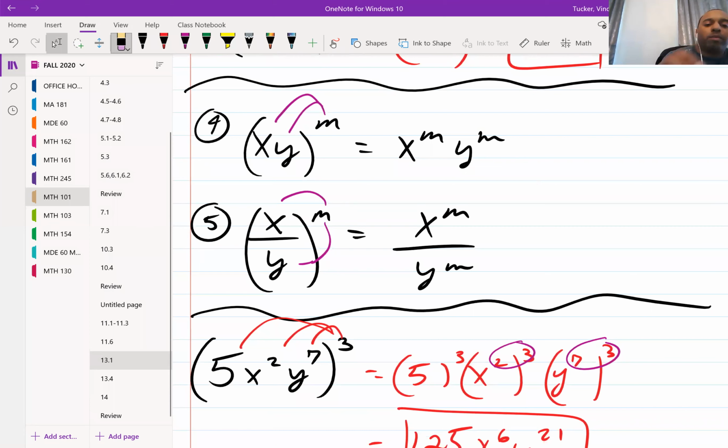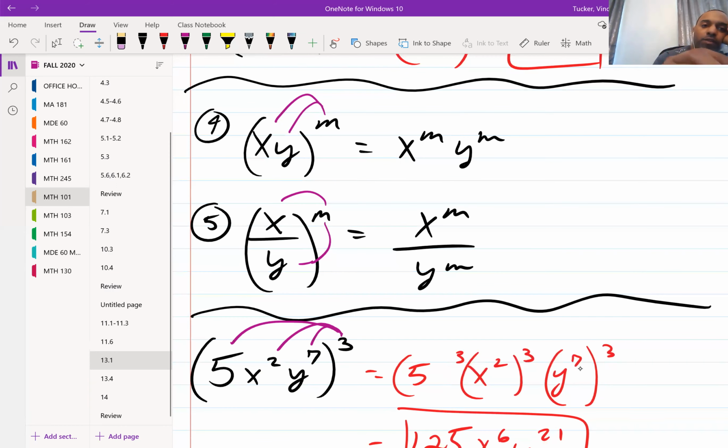All right, let me erase some of this stuff. I can leave that. Okay, so the next one we have 5x squared y to the 7th, cubed. So this cube needs to be applied to each term inside the parentheses.